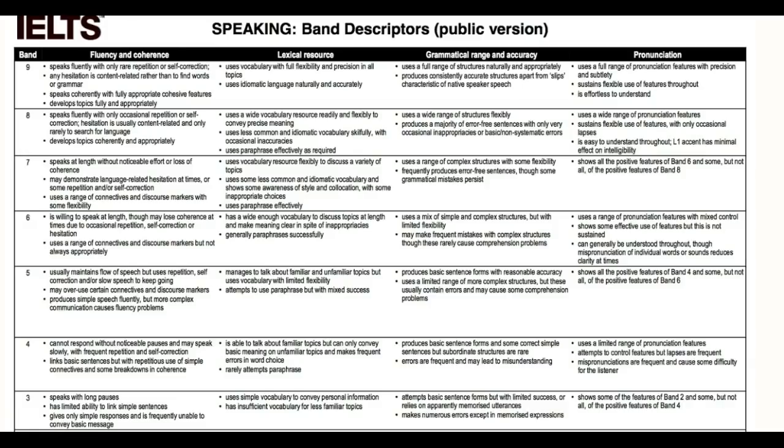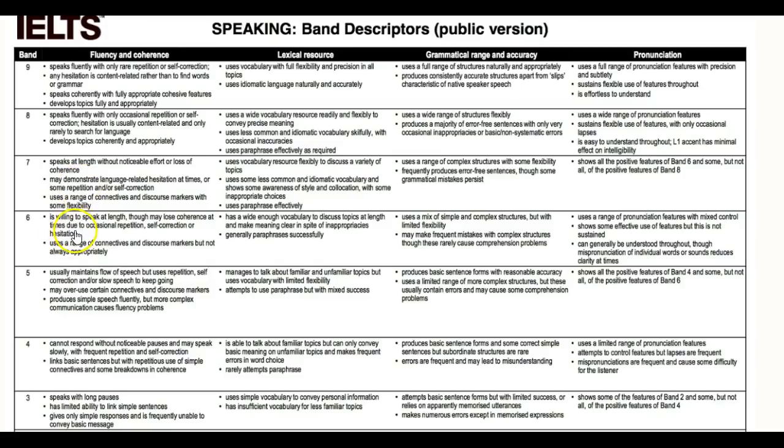Now, really briefly, what I want to do is talk about how the 7 is different from the 6. In general, there is a jump from a 6 to a 7. When you're entering 7 territory, you're entering proficiency territory, whereas in the 6, you're considered an intermediate language user.